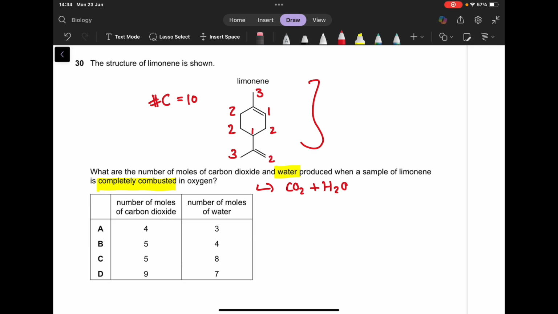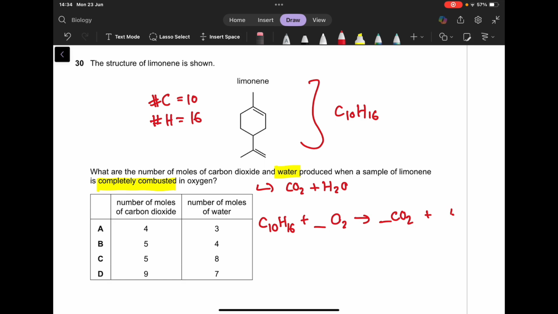If we add them all up, 4 plus 3 is 7, plus 8 plus 10 plus 16. The number of hydrogens equals 16. So what this means is the molecular formula for limonene is C10H16. So C10H16 reacts with a set number of moles of oxygen to produce CO2 and H2O.